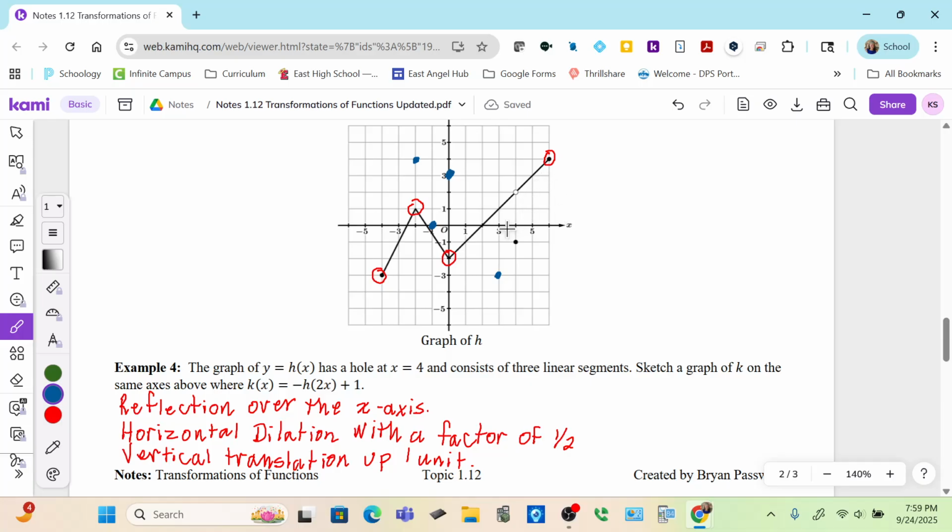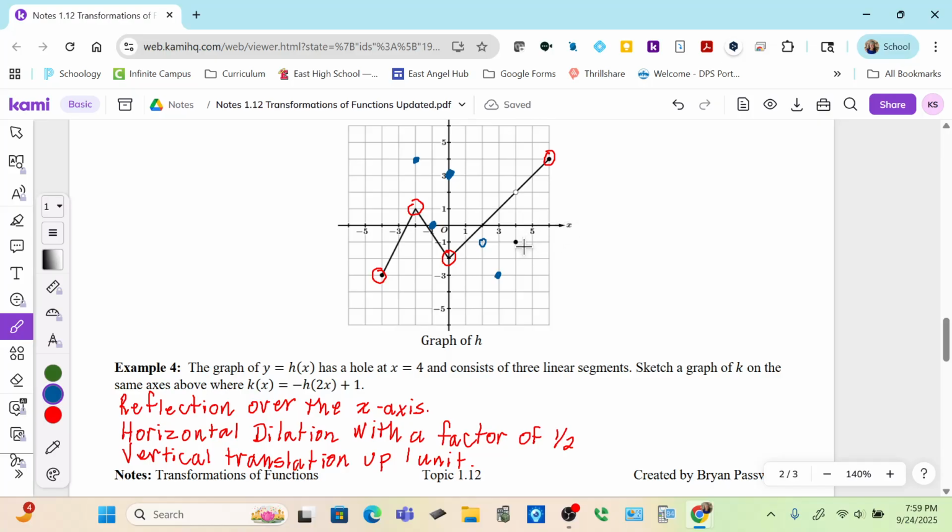Now I can't forget about the hole, so I should draw in a hole somewhere. Its original is currently at 4, 2. Its reflection would be at 4, -2. Multiply 4 by 1/2. That takes us to 2. And then we have to shift it up 1 unit. I'm just going to draw a circle there because I know that's a hole.